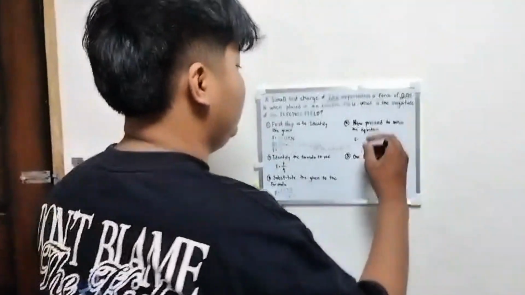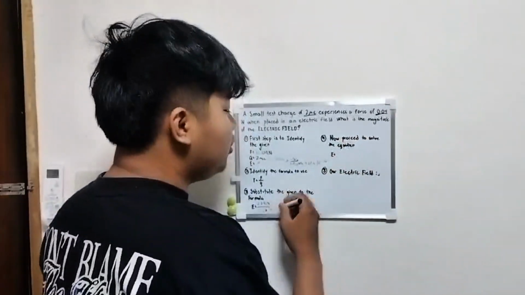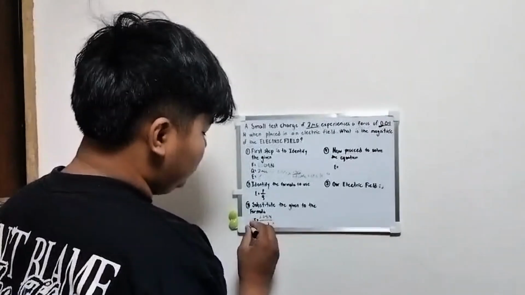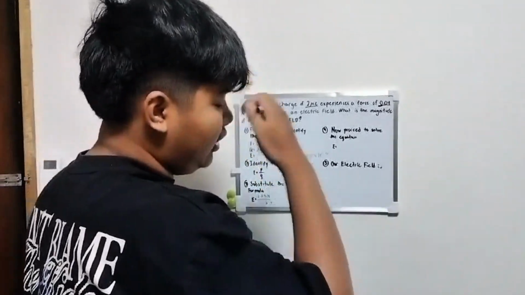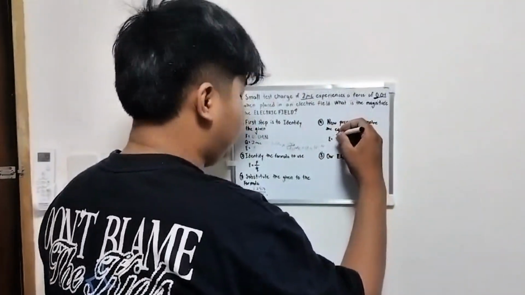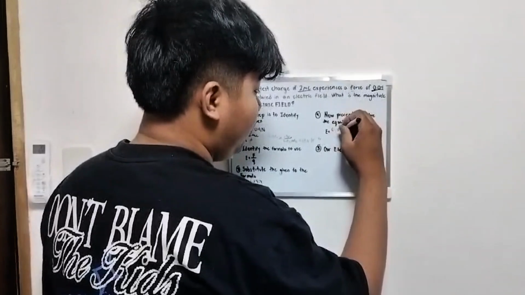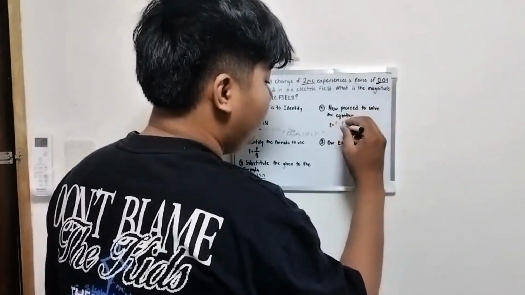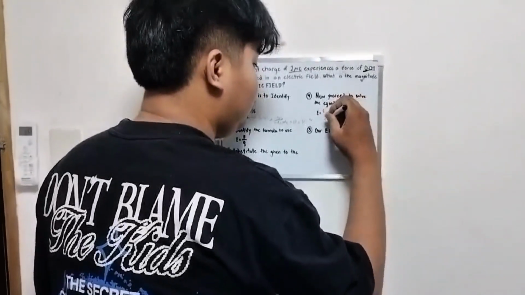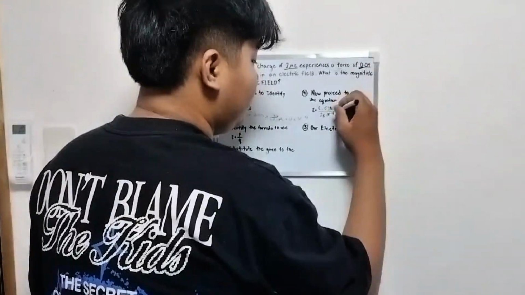Now, we'll just proceed to solving the problem. In order to solve the problem, we will just use step 3. It will become 0.04 N divided by 2 times 10 raised to negative 6.